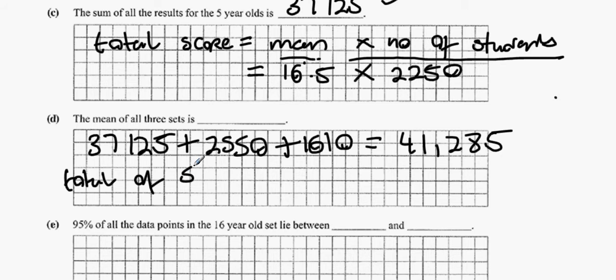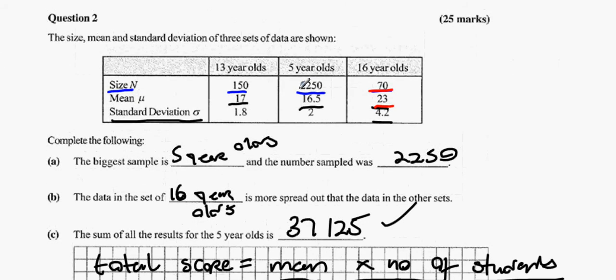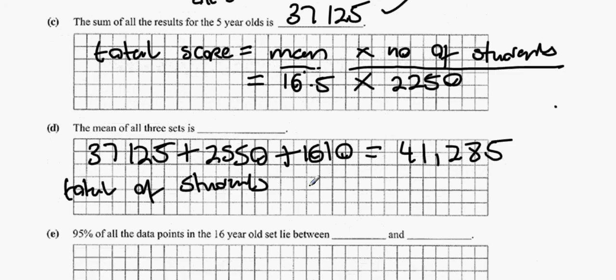Okay, now total number of students that were used, we're going to look up at the top. The total number of students is 150 plus 2,250 plus 70, which equals 2,470.